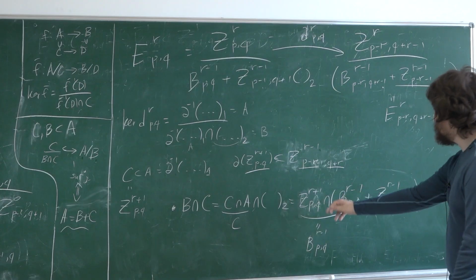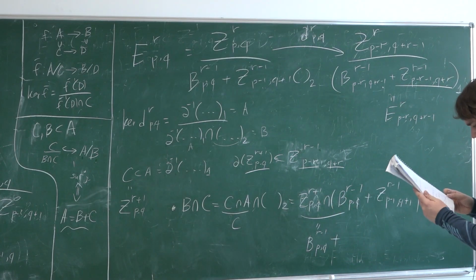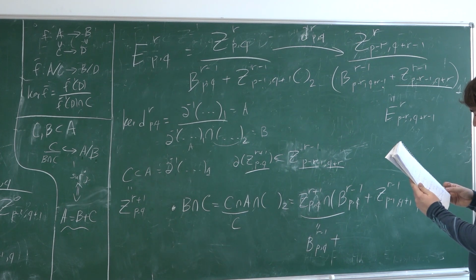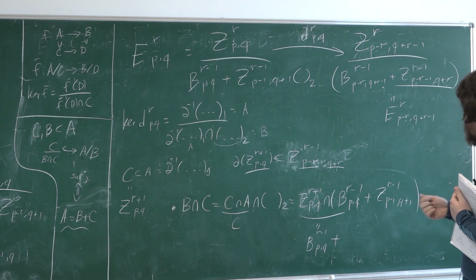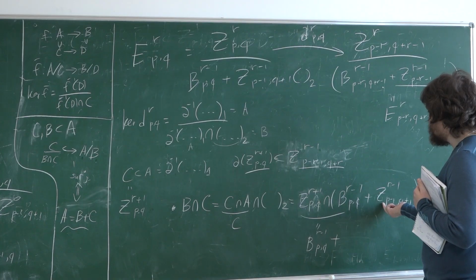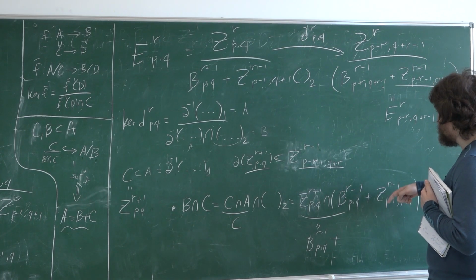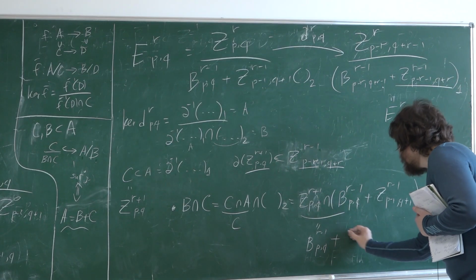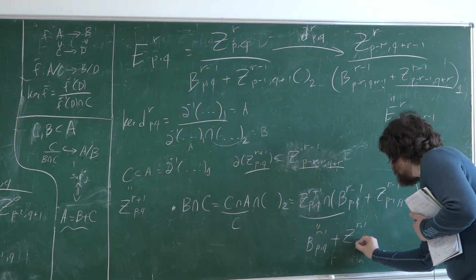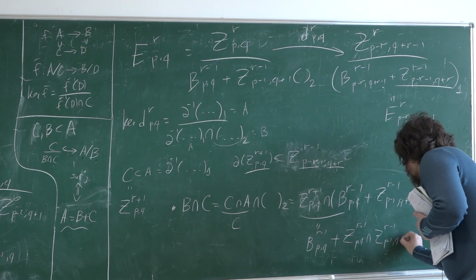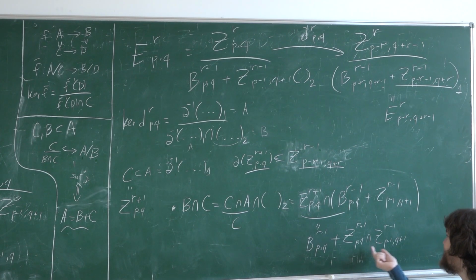And what is this intersection? Again, it's elements from the P-1 filtration. By definition, it's elements from the P filtration and the P-1 filtration.